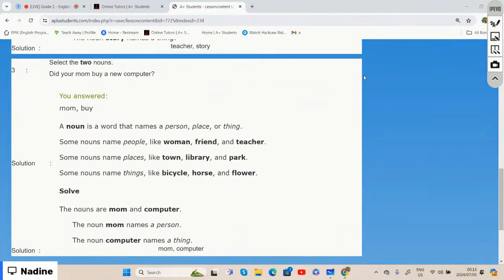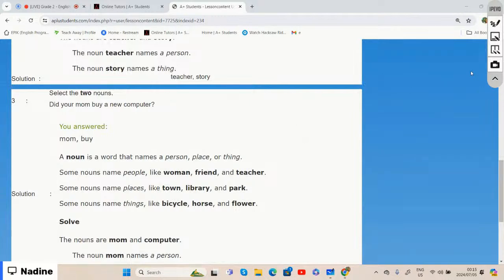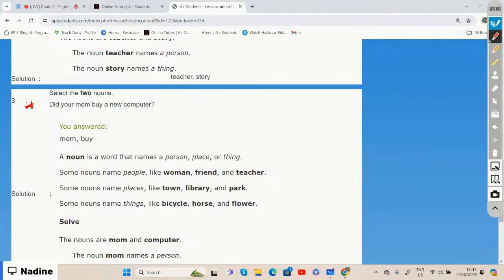Then we also need to identify two nouns within the sentence. It says, did your mom buy a new computer?